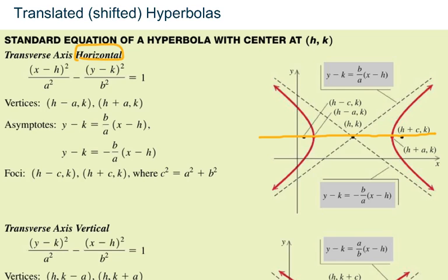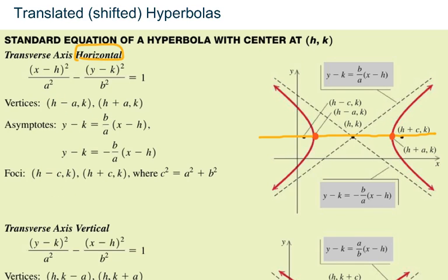And you'll notice my center here is at (h, k). I've got two vertices. How many units away from the center are my vertices? Let me look at this. This point is a units away, and that point is a units away. The vertices are going to be plus or minus a, and you notice that plus or minus a is attached to the x coordinate, or h.